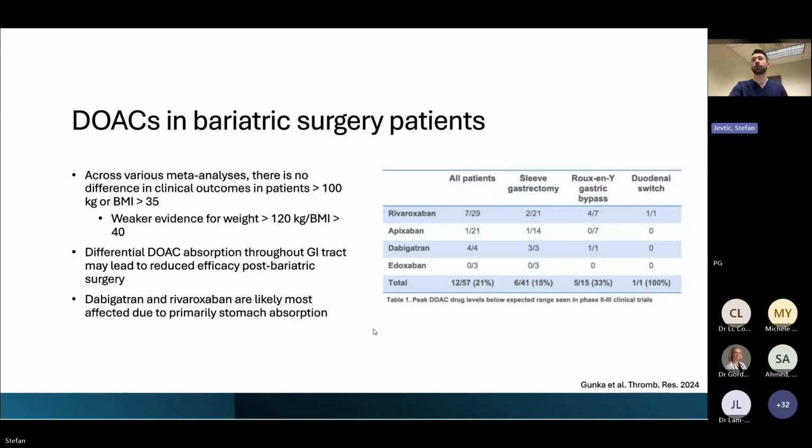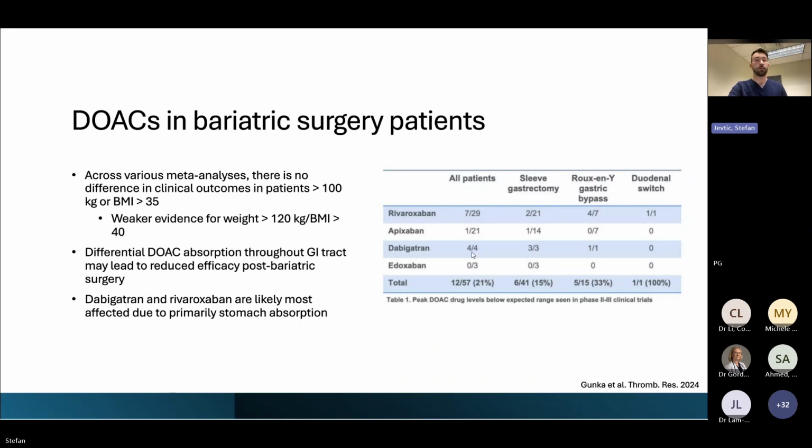And this was a nice retrospective chart review by Barbara Gunka from McMaster and colleagues. They looked at the four different DOACs and at different types of bariatric surgery and the peak anti-Xa level post-surgery. What they found was that in the dabigatran population, as can be expected for being absorbed in the stomach, all four patients who were on dabigatran had subtherapeutic levels.